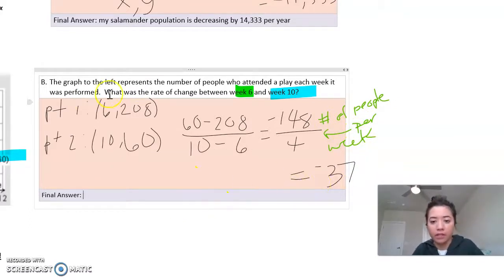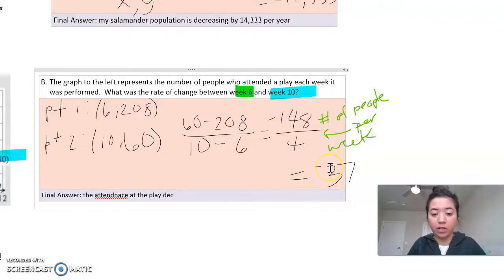So now I can say what was happening to the number of people attending. We can say the attendance at the play decreased by 37 people per week.